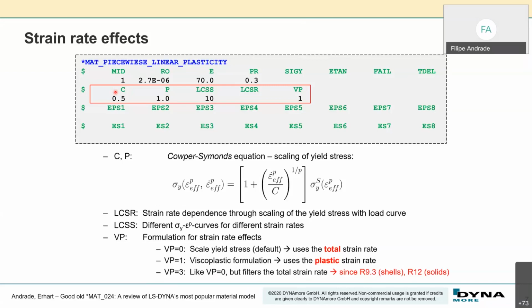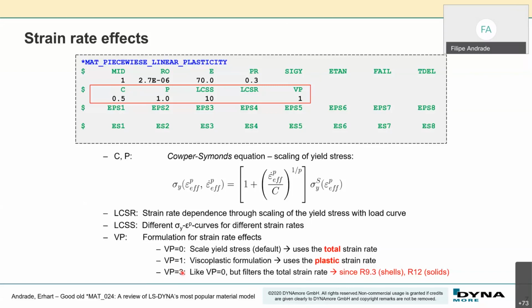A big difference is that VP3 can better deal with curves which are intersecting each other. Sometimes you have this, and VP3 seems to be a quite robust solution for that case. The viscoplastic formulation has some problems with that depending on the level of intersection. So VP3 can be used in those cases.